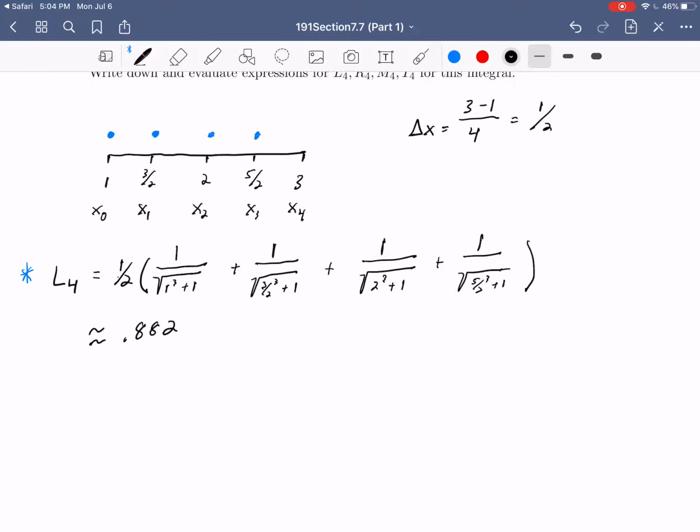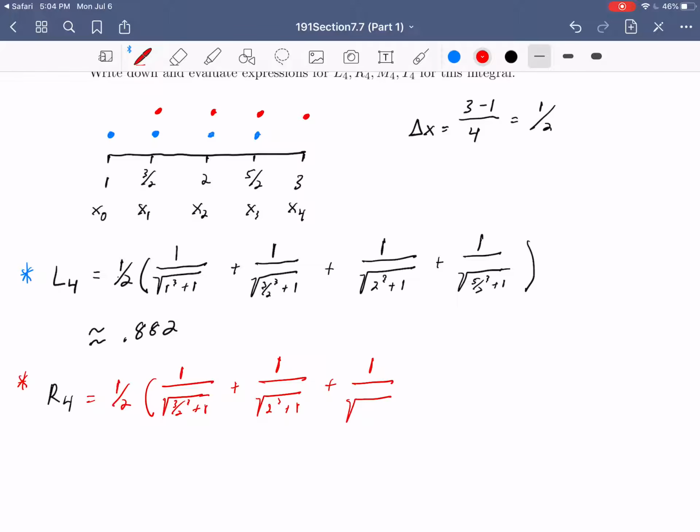All right, let's go ahead and do R4, the right endpoint approximation. That means we're going to be using these values here. So this will be all those red points. It's going to be 1/2, and then we're going to have 1 over the square root of 3/2 cubed plus 1, plus 1 over the square root of 2 cubed plus 1, plus 1 over the square root of 5/2 cubed plus 1.